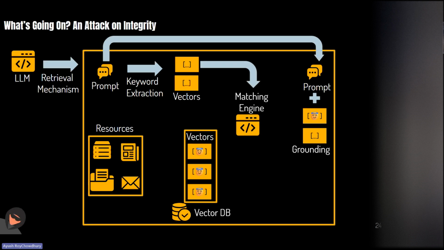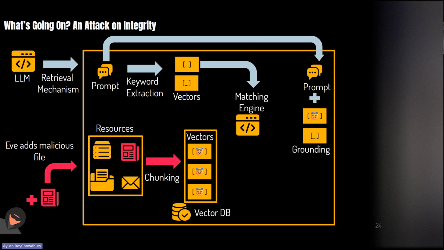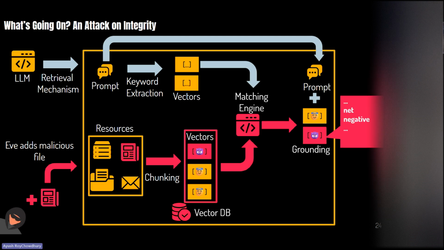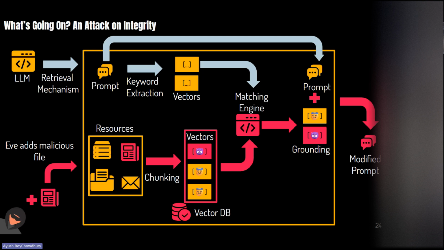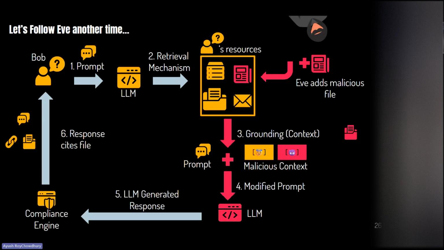And what happened is that Eve's resource went through chunking, and it effectively poisoned the vector database so that when the matching engine wanted to pick Eve's file, because of that one malicious string, the matching engine itself got poisoned, thus only picking Eve's file and modifying the prompt in such a way that Alice's file was ignored when the modified prompt was sent down to the LLM.